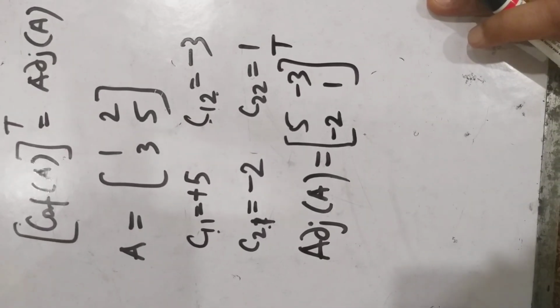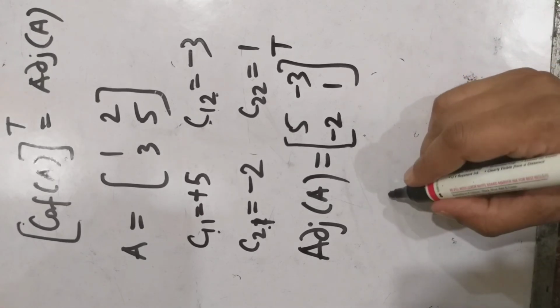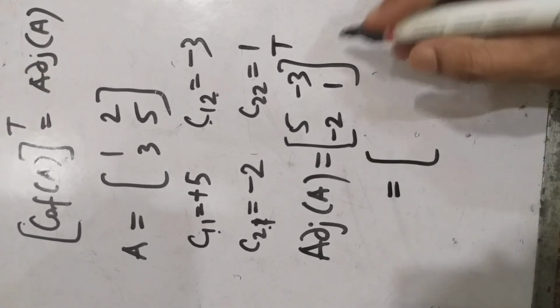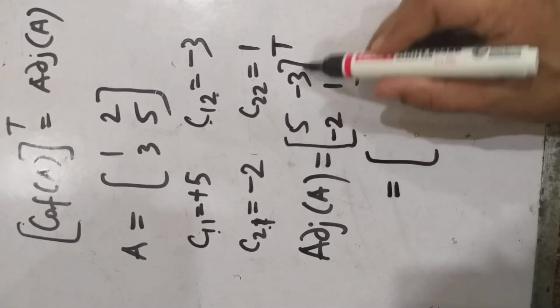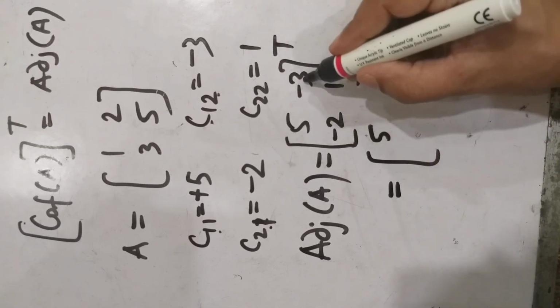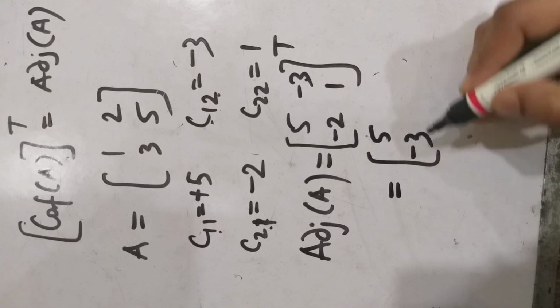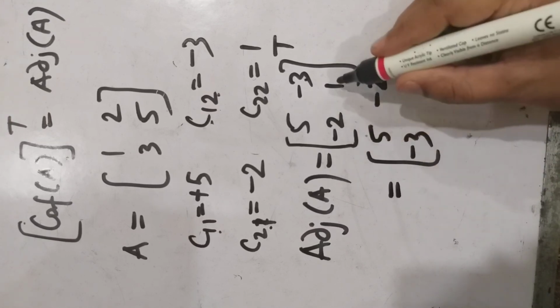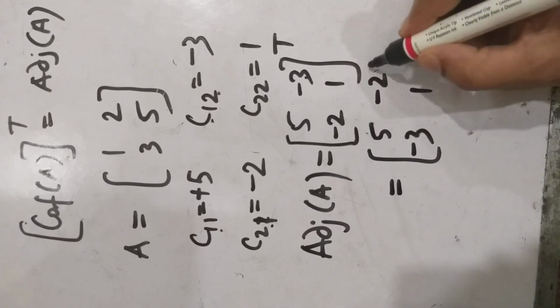Here I want to teach you what a transpose is. Transpose is nothing but just writing rows as columns. So 5, minus 3 is a row, so write it in a column. Minus 2 and 1 is a row, write it in a column.